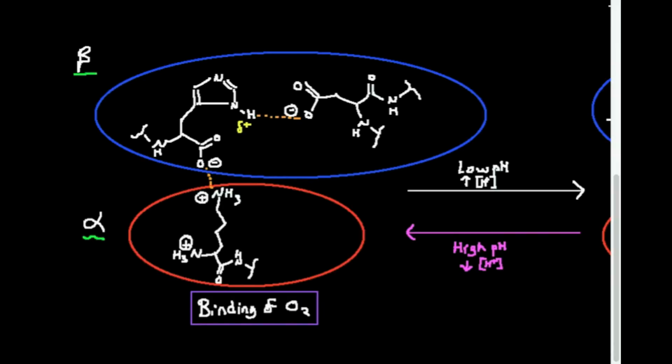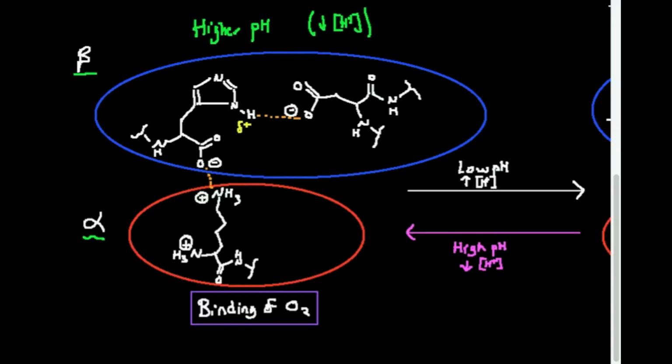What I want to show you is that there are certain amino acid residues in this protein that ultimately play a big role in whether oxygen is binding, if that's the tendency, or whether the tendency is for it to be released. This condition right here is when we tend to have higher relative pH. In other words, this is when we have a lower concentration of hydrogen ions. So just bear that in mind for this set of pictures.